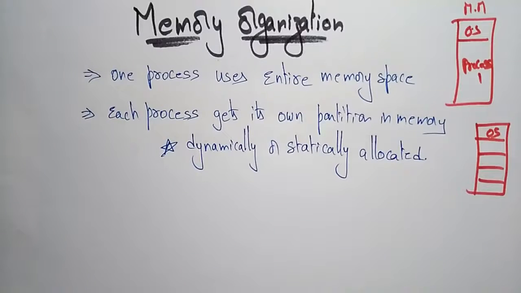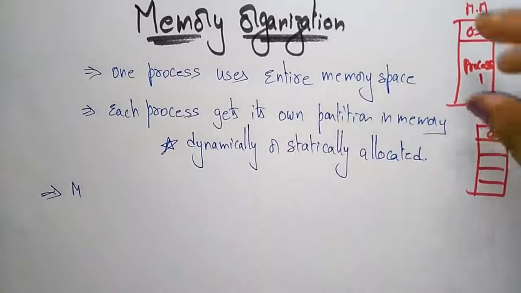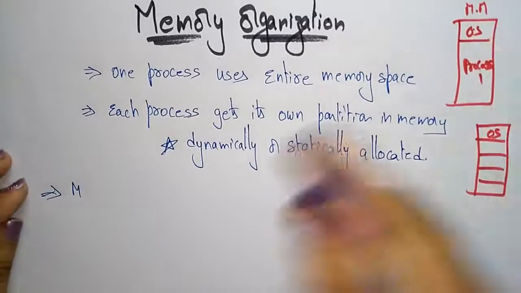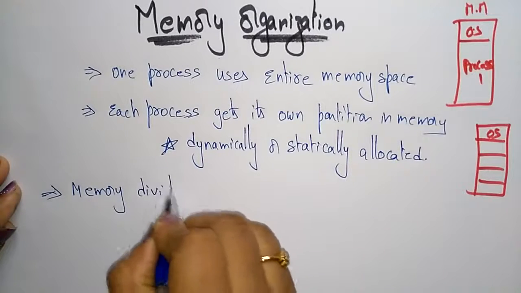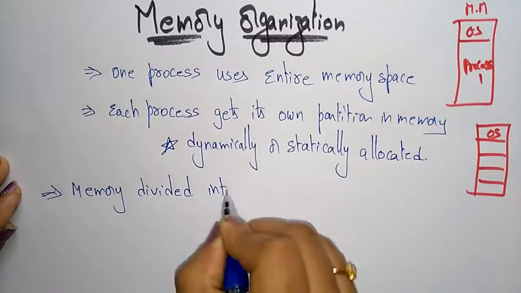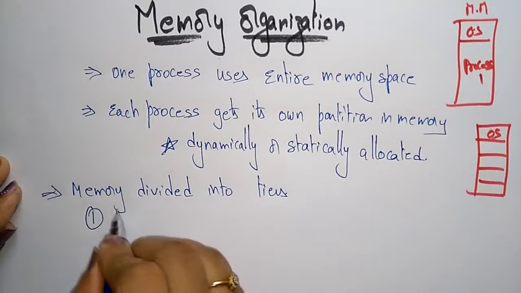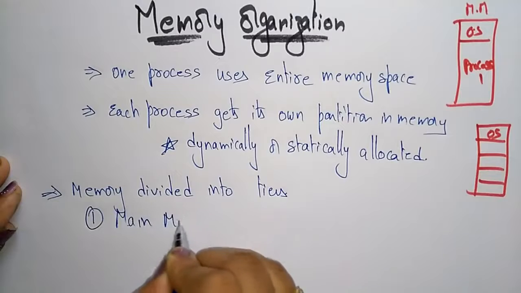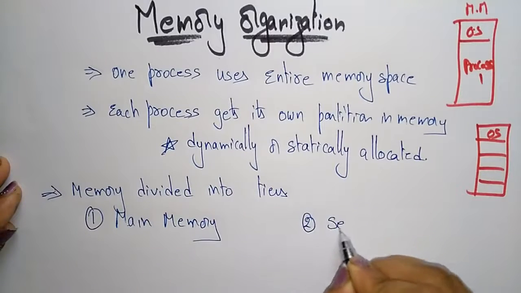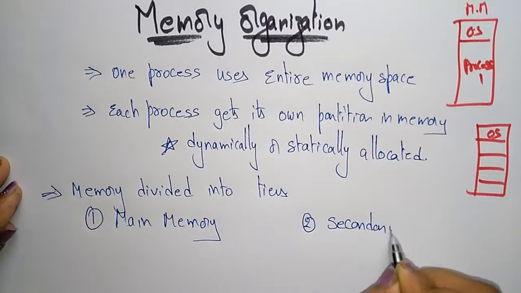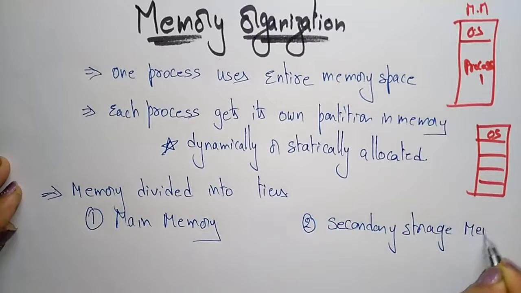The memory is divided into two types. So that may be a main memory, and next secondary memory, secondary storage memory.